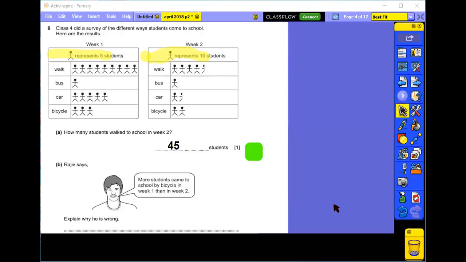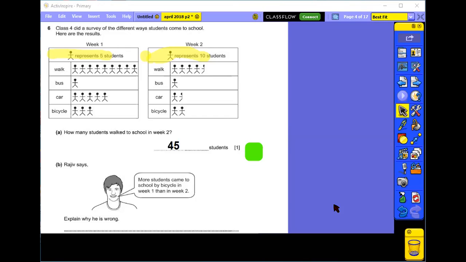Okay, this is Kareem. Kareem, can you answer me what's the right answer? The right answer, because week 1 represents 5 students and week 2 represents 10. Very good. So in week 1, if it's 3 persons, it means how much? 15.